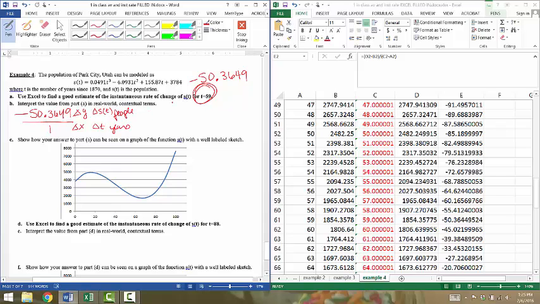So we're saying 59 years after 1870. If you take 1870 and add 59 to it, you get 1929. So in 1929, right at that moment, the population of Park City, Utah was decreasing by 50 people a year.